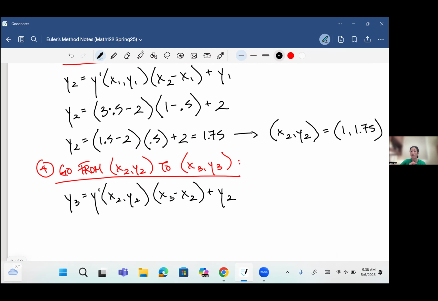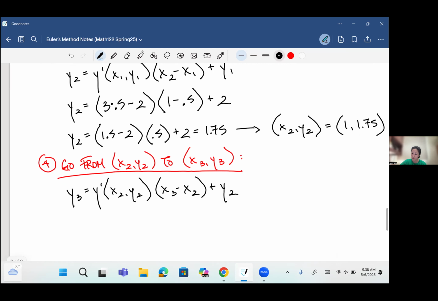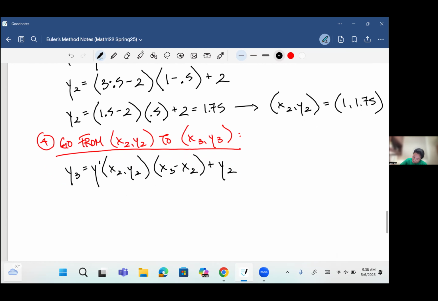Now again, I think the hardest part is just plugging in our values, so let's do this really carefully. y3 equals 3 times x2, which is 1, minus y2, which is 1.75. My x3 is 1.5, minus my x2 is 1, plus 1.75.